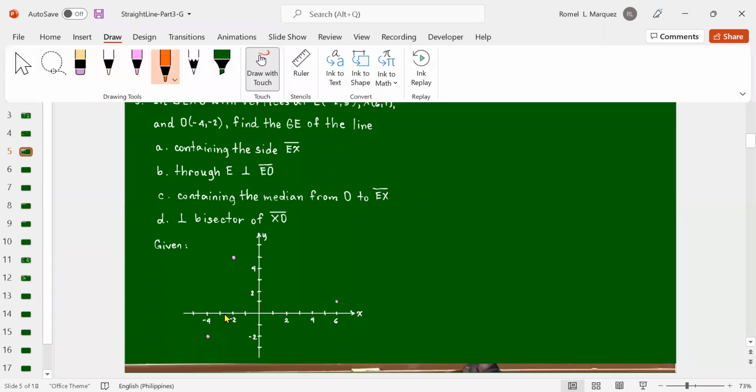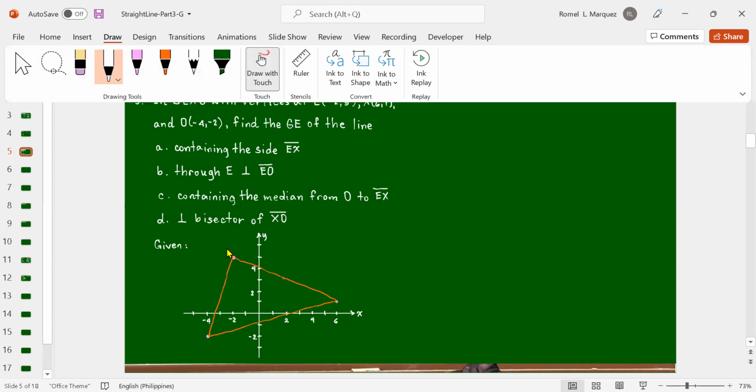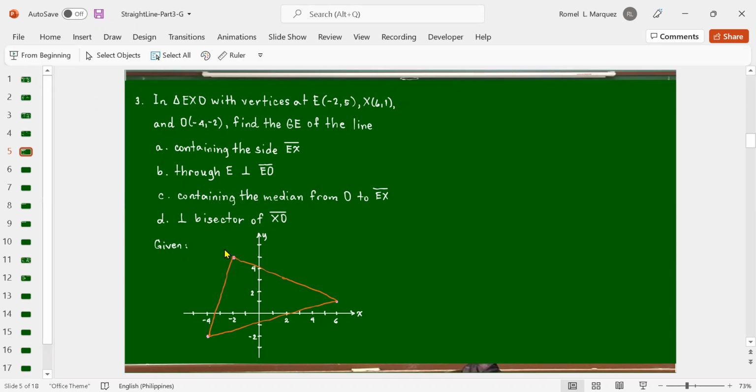So let's connect these points to form a triangle. So that's our triangle. So this is point E, point X, and then point O.